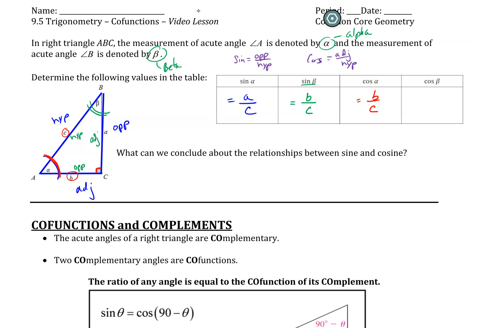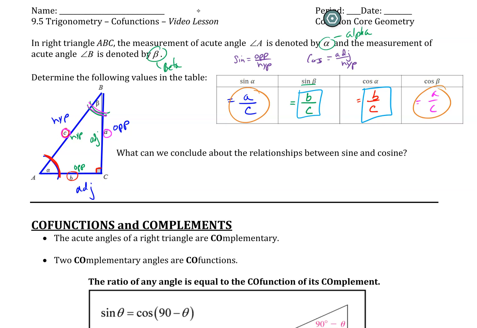And if I do the same thing for cosine of beta, which is this angle here, I'd have the adjacent side over the hypotenuse, so that would give me a over c. So we notice that sine of alpha and cosine of beta give me the same values, and sine of beta and cosine of alpha give me the same values also. Whatever those lengths are, they would end up being the same fraction, the same relationship.